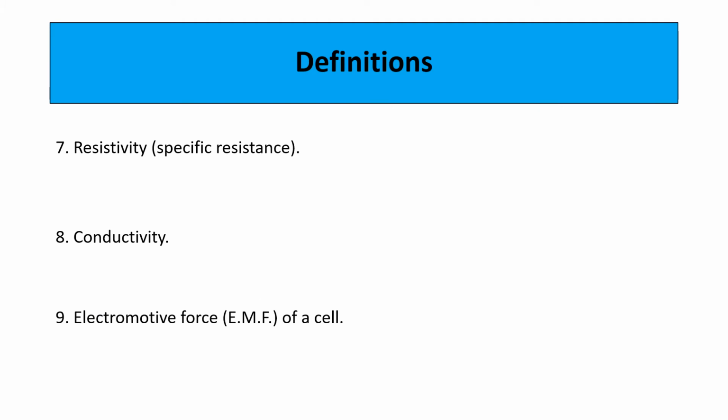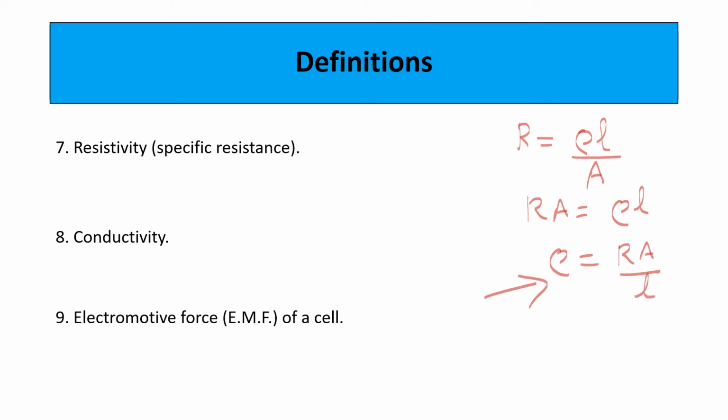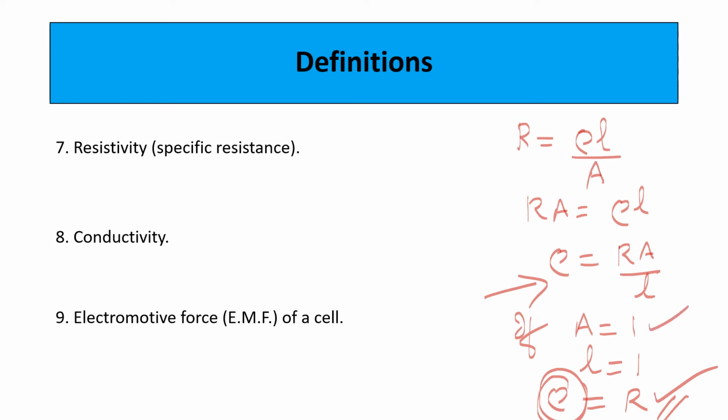Define resistivity or specific resistance. We know the expression for resistance as R is equal to rho L by A. Therefore, RA is equal to rho L. Rho is equal to RA by L. In this expression, if you substitute A is equal to 1 and L is equal to 1, you will get rho is equal to R. Therefore, we can define resistivity rho as the resistance of that material of unit area of cross section and of unit length.